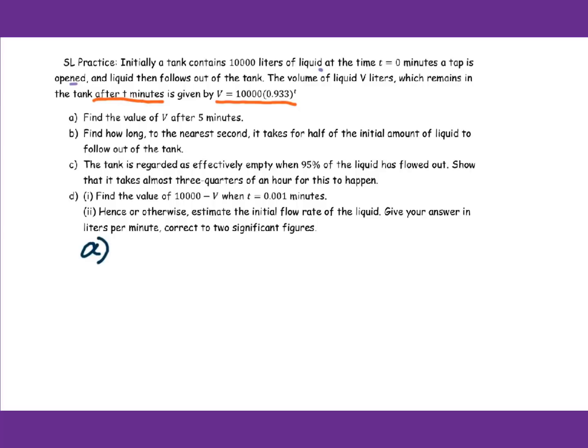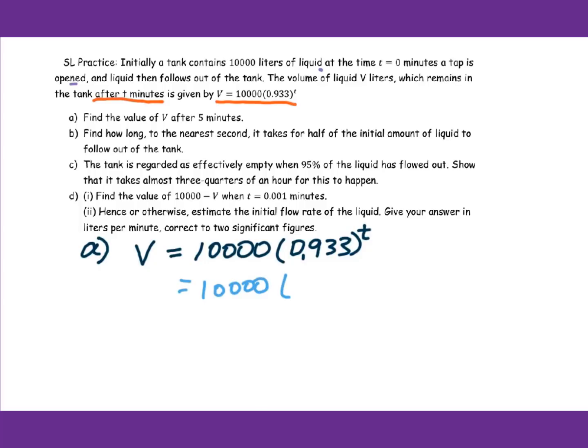For A part, we got V equals 10,000 times 0.933^t. We know t equals 5, so we plug in. You will get 10,000 times 0.933 to the 5th power.